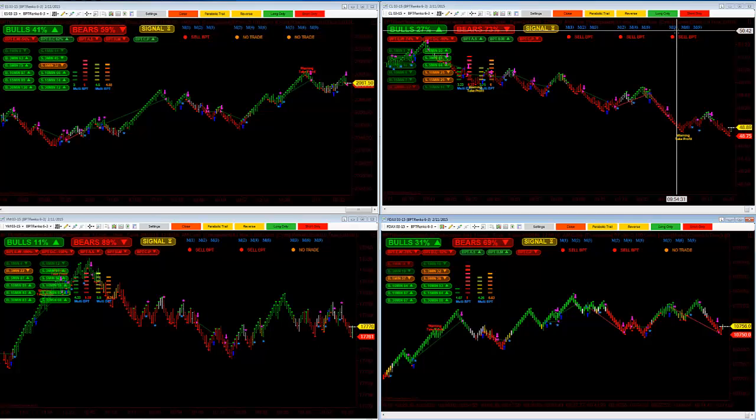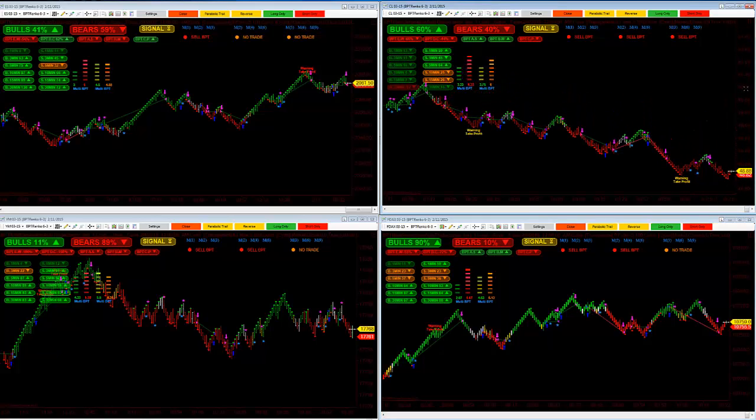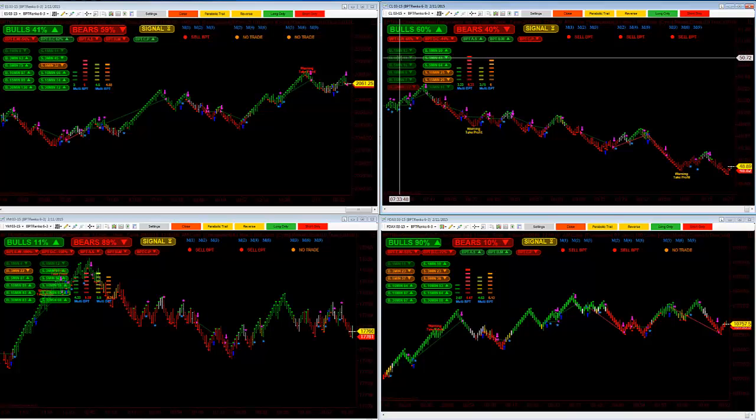You can filter with one of the three time frames, or you can filter the auto trade with two time frames. If you want to use 1, 3, and 5, you can do that, or if you want to use 10, 20, 30, you can do that. Those are two different market analyzers that are totally independent from each other, and every time frame can be turned off and on.